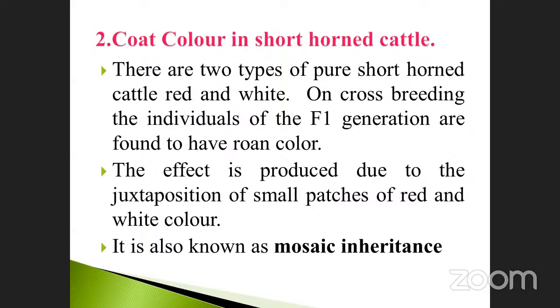Such type of hybridization is known as mosaic inheritance. The dot, the patches, is denoted as mosaic inheritance. Note it down, my dear students. The mosaic inheritance is also called which one, you know? Co-dominant. So sometimes they may ask the question likewise.